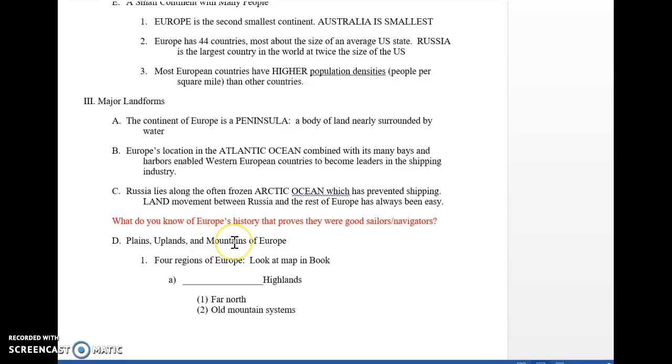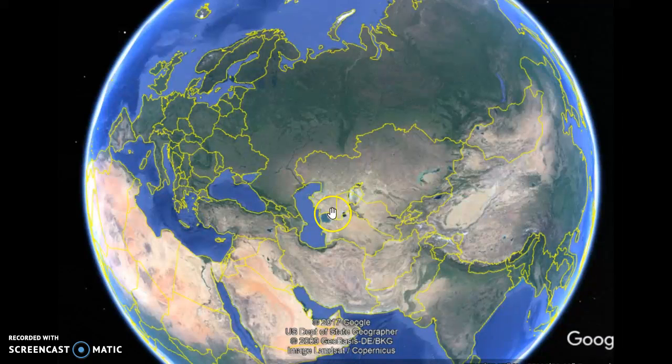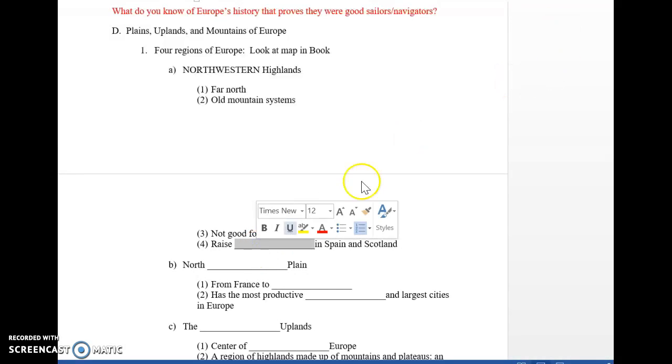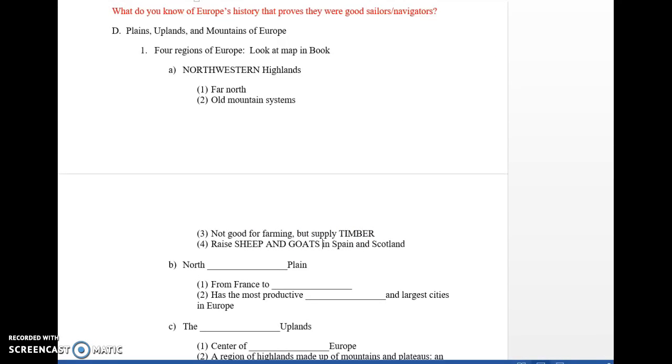For plains, uplands, and mountains of Europe, you have 4 regions in Europe. The first region is the Northwestern Highlands. These are in the far north, and they include old mountain systems. They're not good for farming, but they do support a successful timber industry, and they tend to raise sheep and goats in Spain and Scotland.